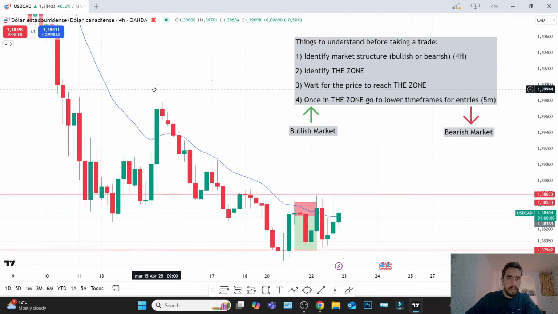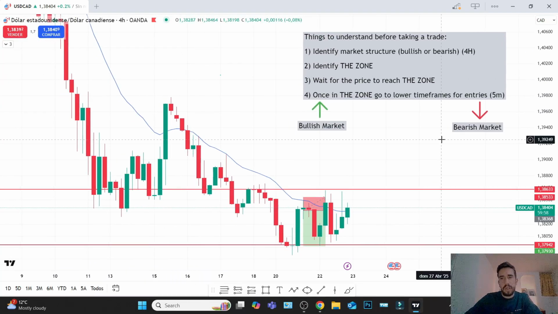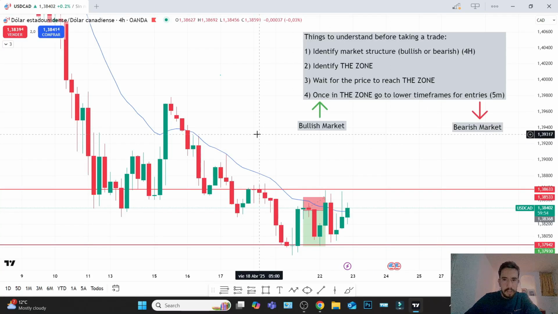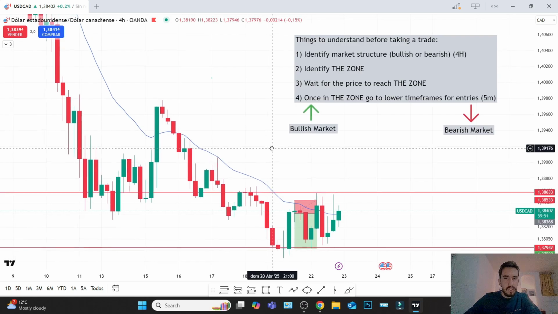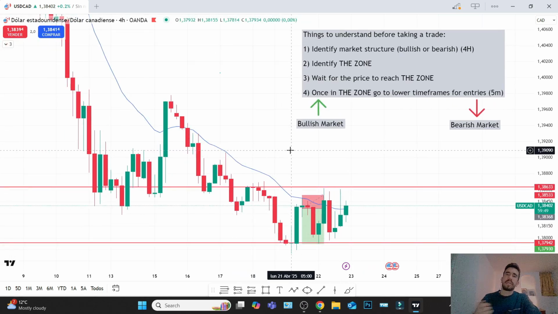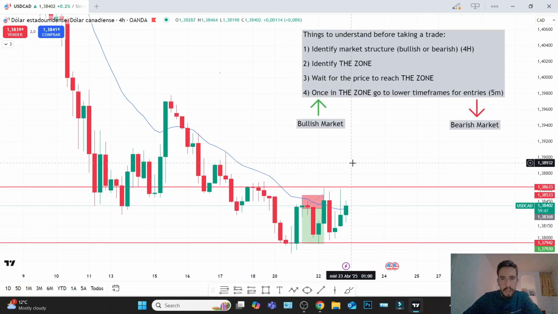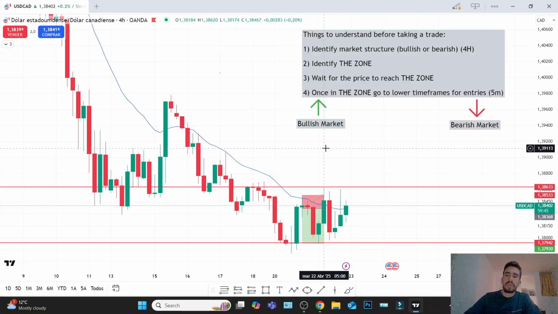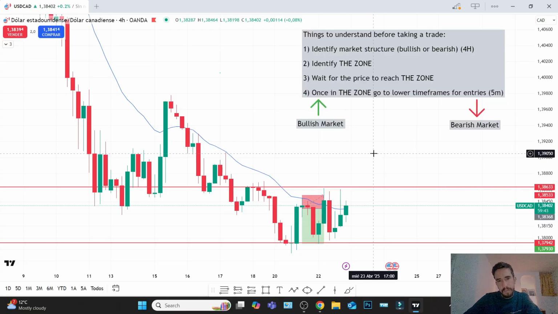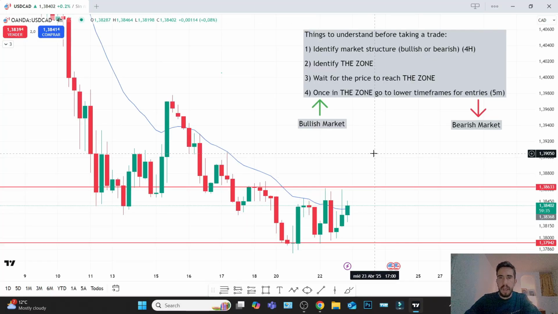So I'm gonna put this example. This is a trade I took 2 days ago, and it lasts 2 days. I'm gonna show you the way I identify the market structure, and I always do this at the beginning of the week, because as I'm a swing trader, I always take Sundays to identify the possible trades that I might or might not be taking during the week.